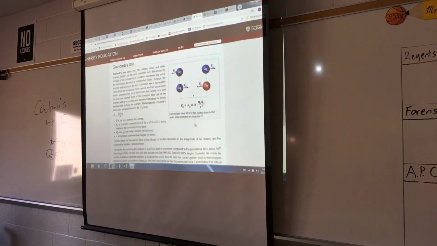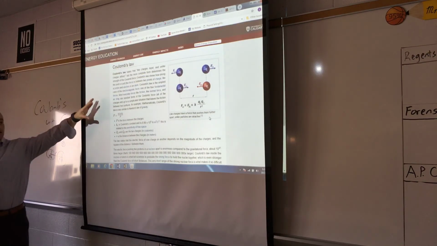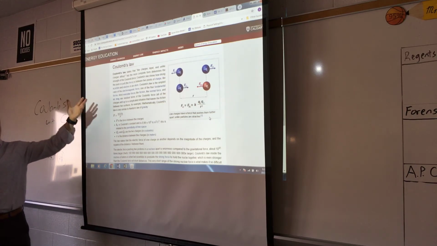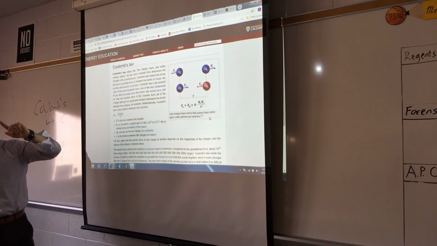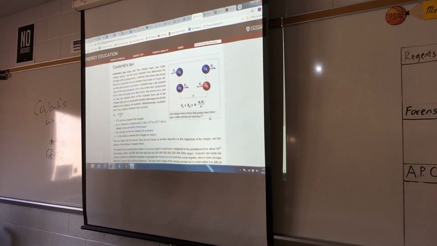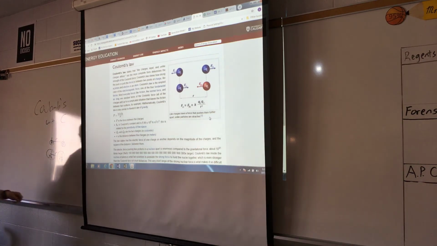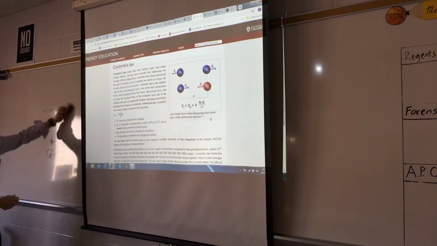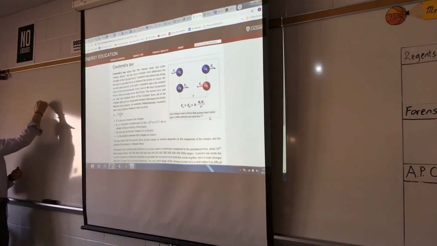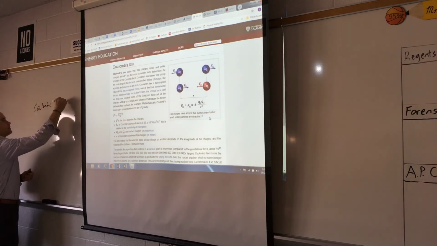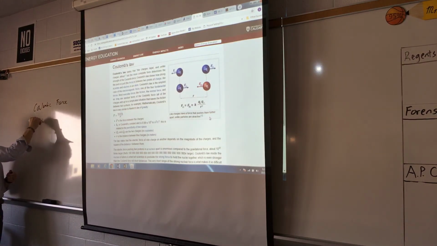So anyways, it is important you understand what that is. What is Coulomb's force? Coulomb's law, Coulombic interactions. There is one more word I want you to write down. Coulombic force and electrostatic interaction is the same thing in chemistry. It is in physics too, basically.